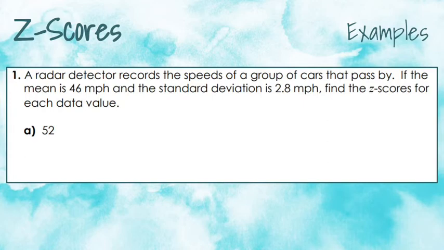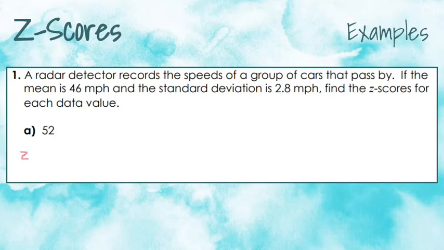So for example, in number 1, it says a radar detector records the speeds of a group of cars that pass by. If the mean is 46 miles per hour and the standard deviation is 2.8 miles per hour, find the z-scores for each data value. We're just going to do part A together. And in order to use our formula, we need to have the data value, the mean, and the standard deviation.